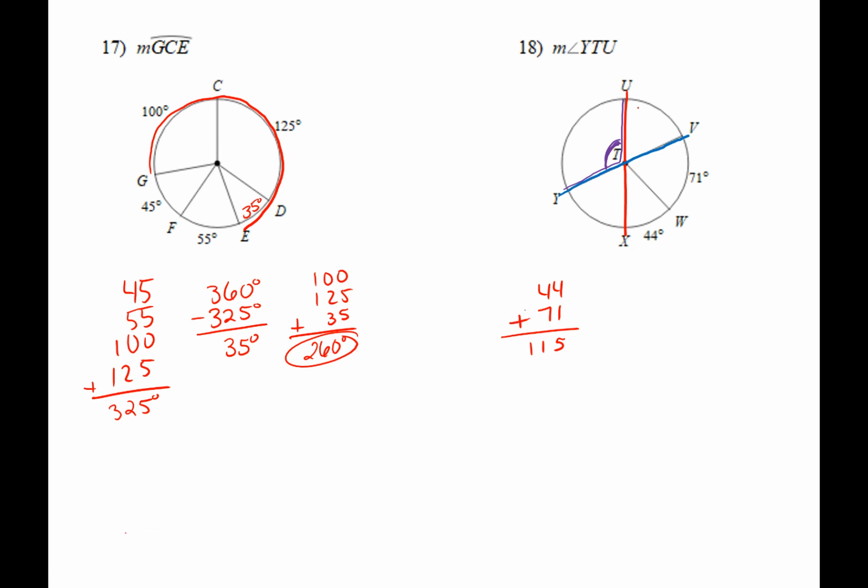And again, if I'm cutting it on the red line, then if I take that 115 and subtract it from, not 360, excuse me, half a circle here, subtract it from 180, then that will give me 65. So this piece right here would be 65.